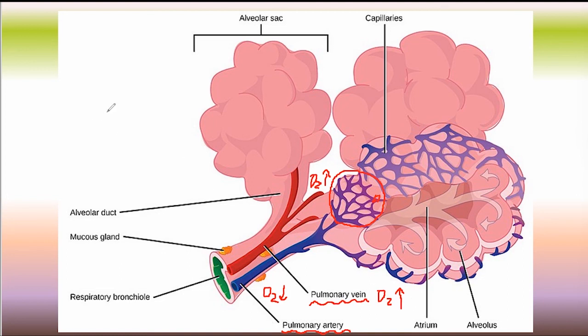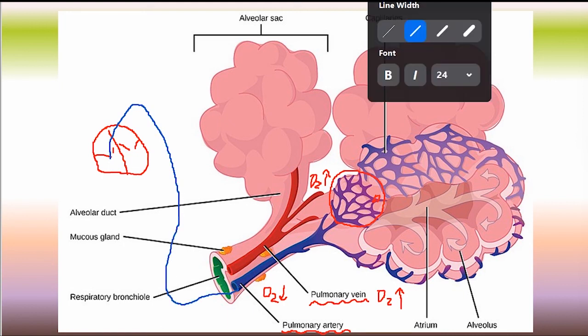When we talked about the circulation system before, now you can connect it with the respiratory system. The respiratory system has a very close relationship with the circulation system. The blood coming from the right side of the heart is low oxygen blood, which we call the pulmonary artery. It goes to the lung.